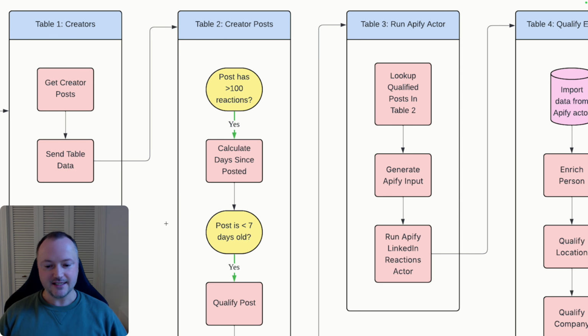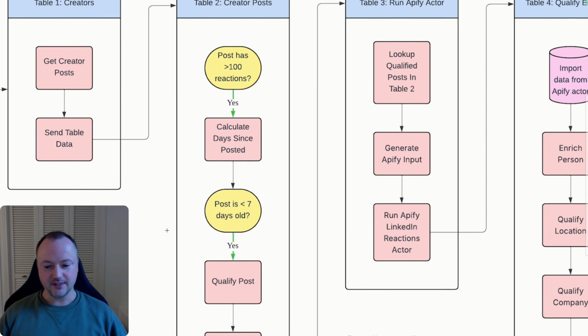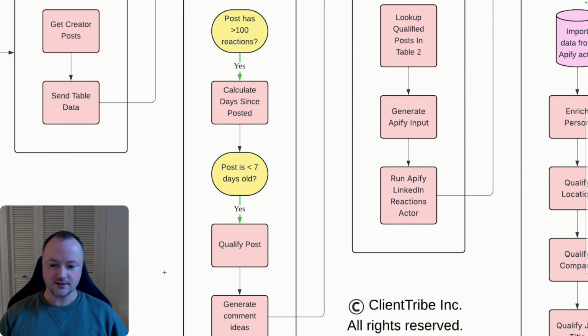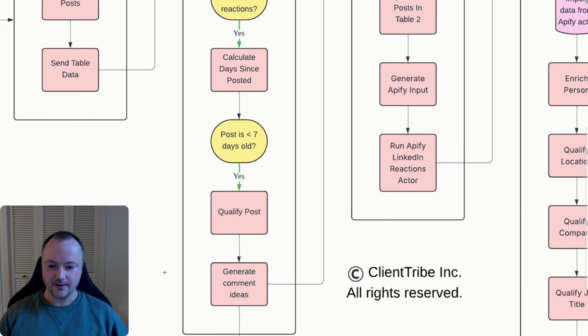If the post is less than 7 days old, we will then use AI to qualify the post and make sure that it's talking about topics that are relevant to the problems that we solve as a business, because those are the posts that we most want to focus on. From there, we will know our most qualified posts. You could even score them. And then we will generate comment ideas.